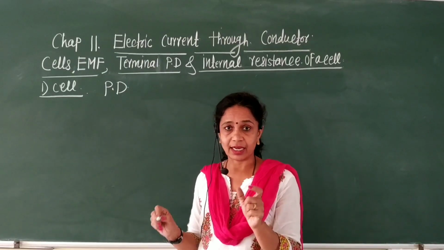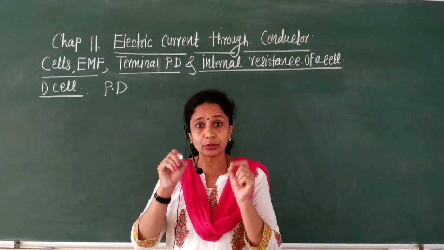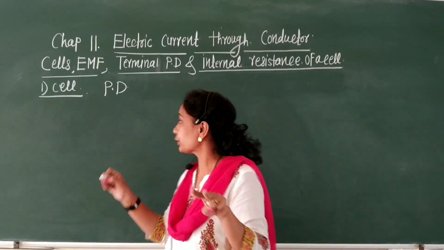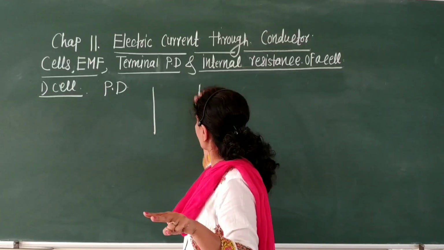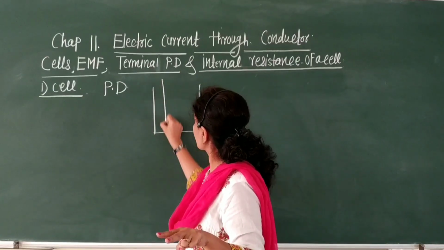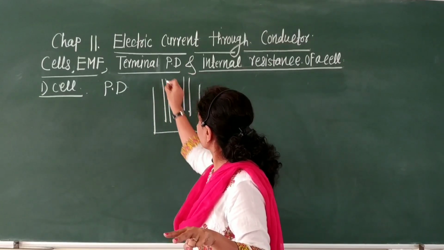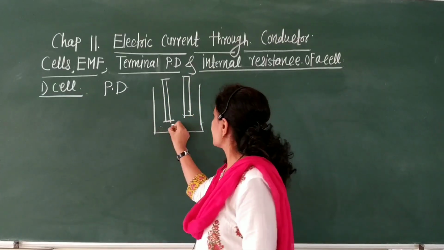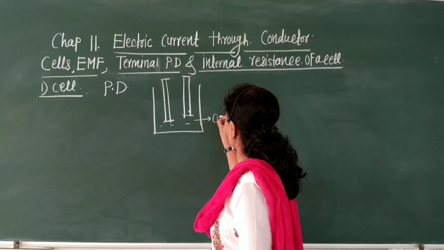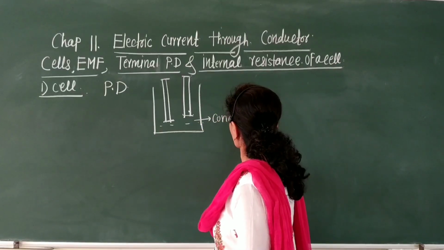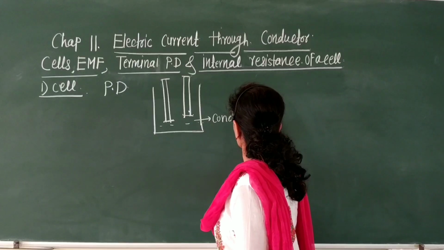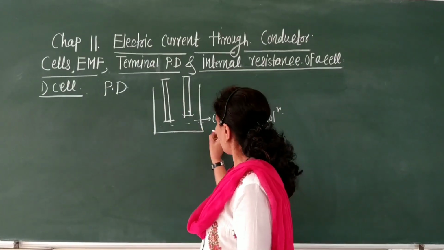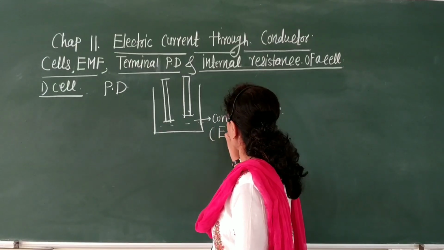A dry cell consists of an electrolyte, meaning a conducting solution. It consists of two electrodes. Suppose we take these two electrodes, and this is the conducting solution, or it is called an electrolyte.